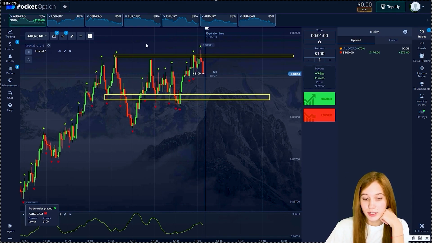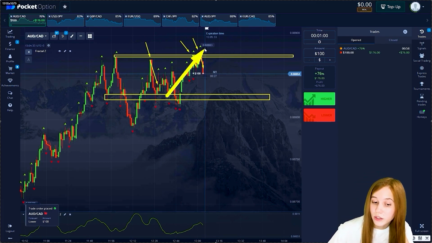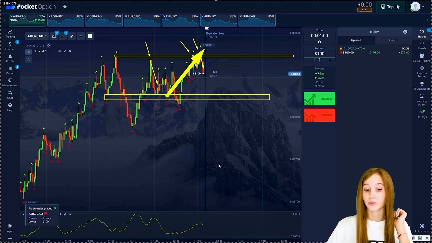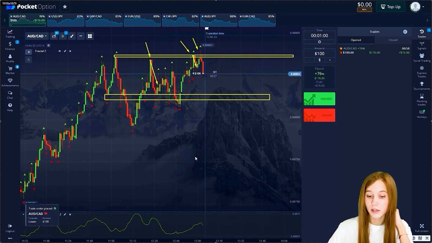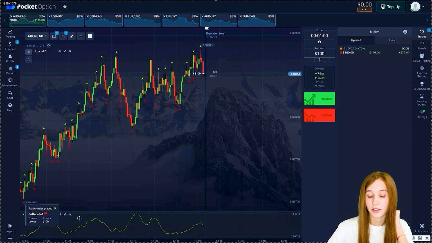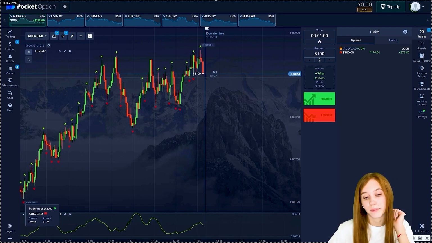We see resistance and support areas. Resistance was achieved, there were reversals. They were even overcome and then a reversal again. As a result, the trend actually changed in direction from upward to downward.